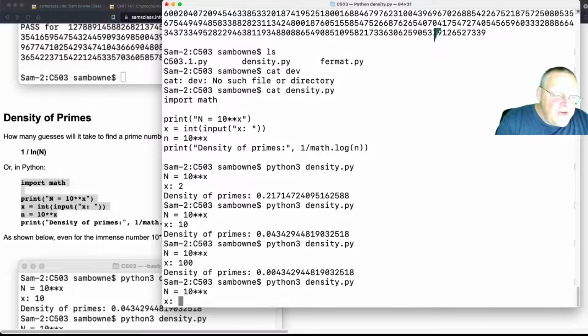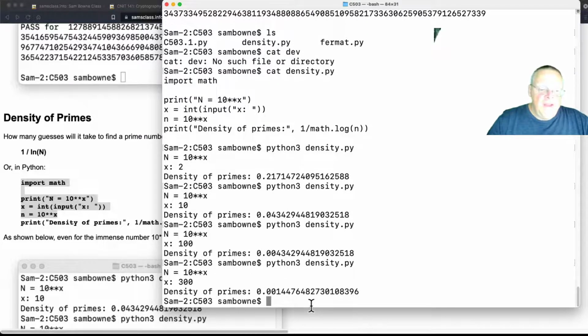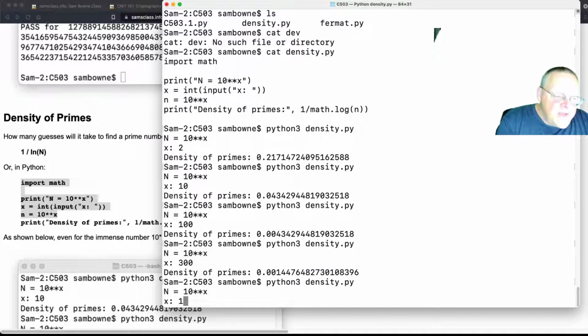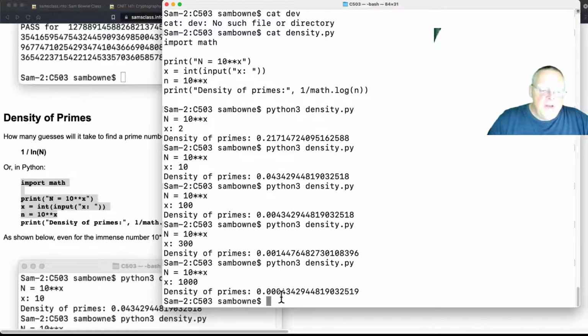And if I do 300-digit numbers, which is what 1024-bit keys are, then about 1 in 1,000 are prime. And if I do 10 to the 1,000, which is like a 3,000-bit key, then 0.04% of them are prime, 4 in 10,000. So it's not impossible to find them, but you might have to do 10,000 guesses to find one.